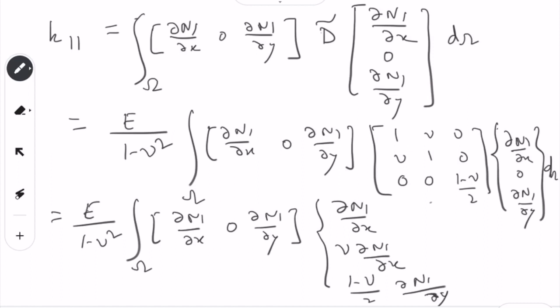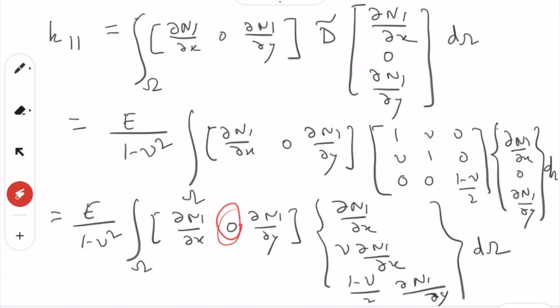This is what we get. Next we multiply this and this, and looking at this you see that there is a 0, so this multiplied by 0 is gone. So we have del n1 over del x squared, plus 1 minus nu over 2 multiplied by del n1 over del y squared.